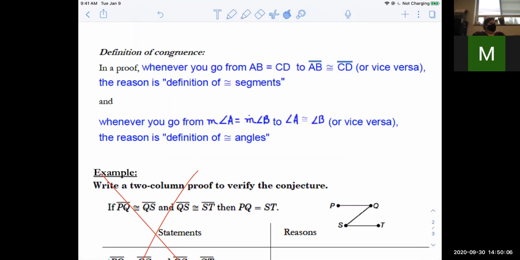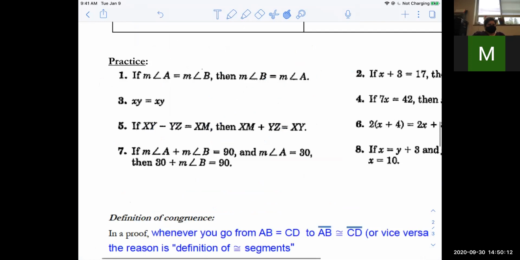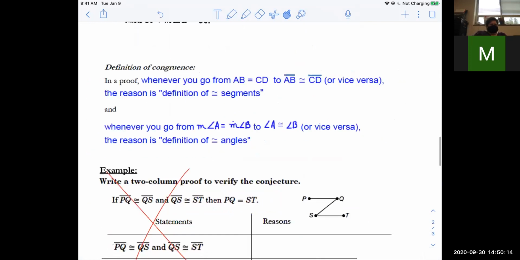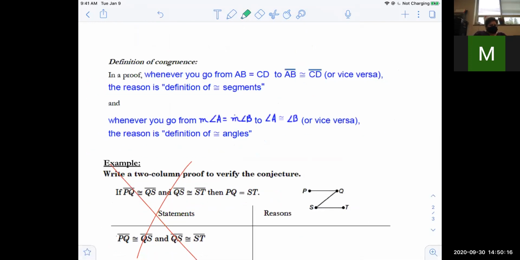Okay, Jerron. Notes, lesson 2.5. All right, so we're going to go back up to those in a minute, but I want to make sure we focus on this because this is something easy that we just need to talk about. Definition of congruence. Whenever you're doing a proof and it goes from AB is equal, like two things are equal, to the segments being congruent, that is definition of congruent segments.